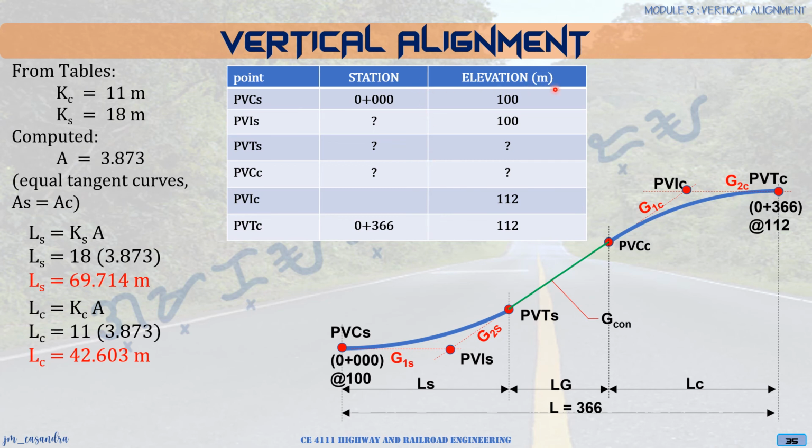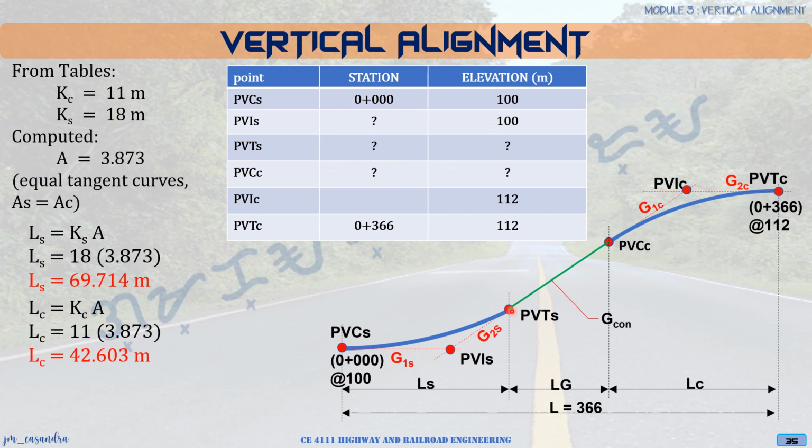So our PVC is at 0 plus 000. The station for PVI will be equivalent to L over 2. And then for PVT, PVI plus L over 2.